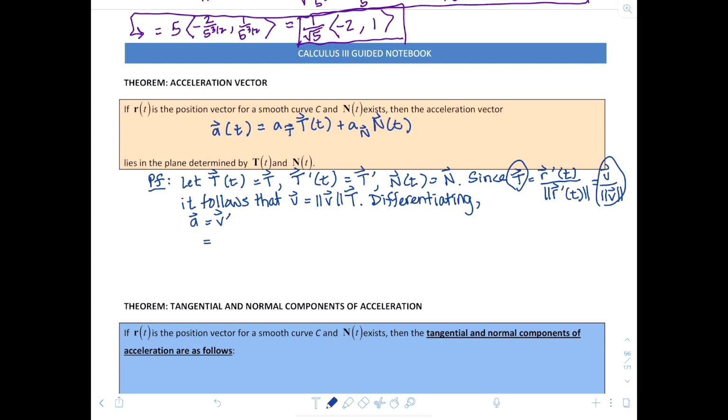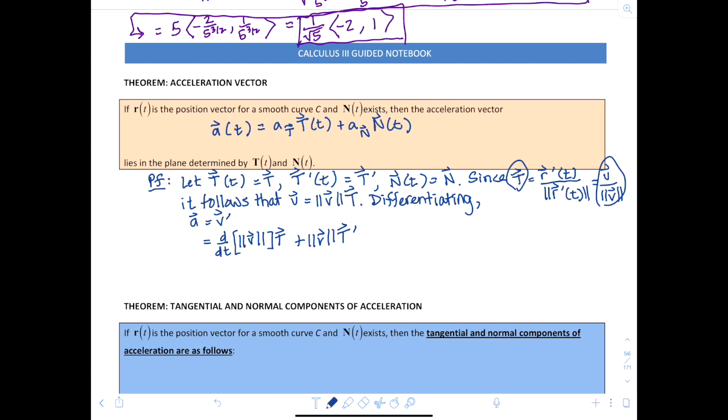So what we'll have here for v prime is d dt of the magnitude of v times the T vector, plus the magnitude of v times T prime. That's just the product rule for derivatives.